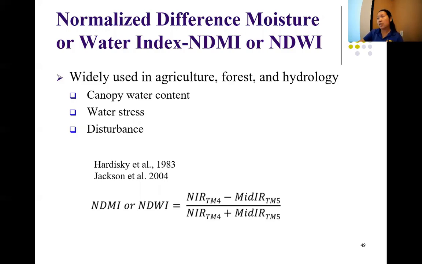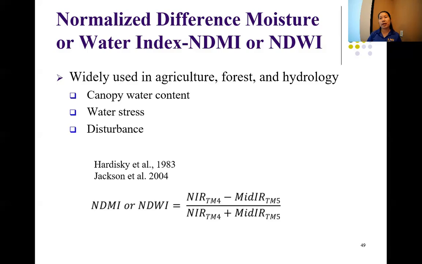So it's also very useful to know a couple of water indices, and you have different applications for this. Some of them are just good to extract water area, water body. Some of them are gradually more sensitive to the water moisture content in the vegetation, which is good for drought study. But anyway, in this one here, we're going to introduce the moisture index or the water index. They are widely used in agriculture, forest, and hydrology to measure the canopy water content. This refers to the water content within the plant itself.